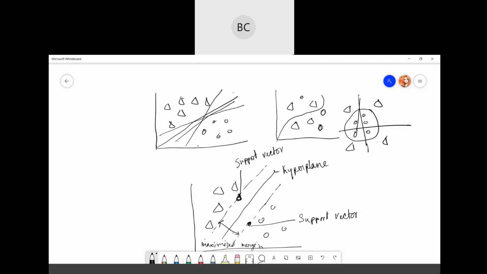But when non-linear data are classified, it puts it into the higher dimensional space, then it can define the boundary. It can be a circular boundary or anything. So this circular boundary will be the best hyperplane. You can see that support vector machine is useful for both linearly separable data and non-linearly separable data.